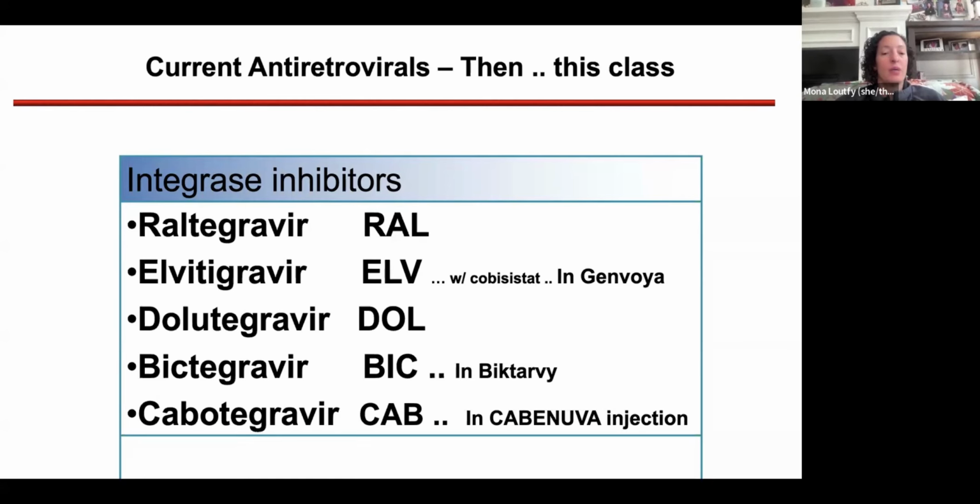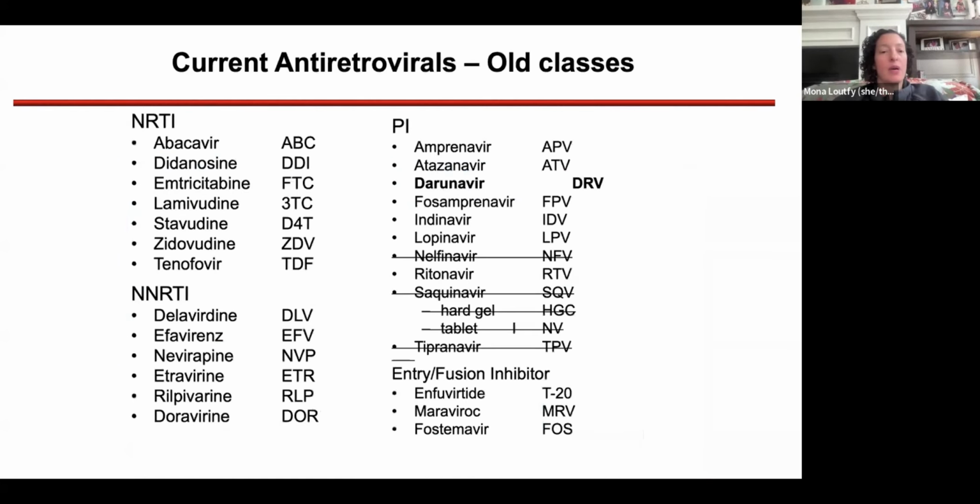So dolutegravir can be with, the first came out with abacavir and lamivudine, 3TC, with dolutegravir, and that was called Triumeq. And then now we have two drug regimens with dolutegravir, because dolutegravir is very potent antiretroviral.